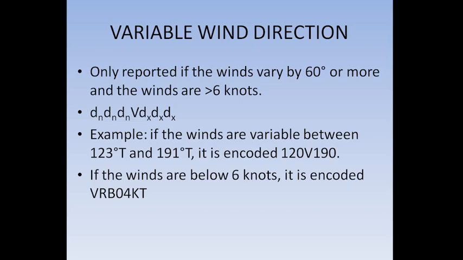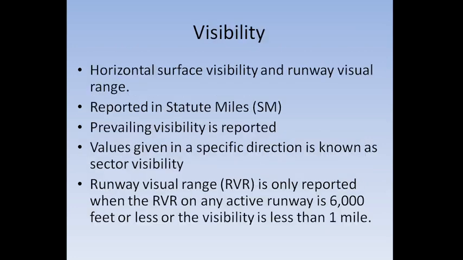The ASOS will shoot one beam straight up and give you a cloud layer, unless it goes through that cloud, hits another one. But if the clouds are too thick, it's only going to show you one layer. So that's why it's important sometimes, at a busy airfield, to have an observer go out and look at the different layers of the sky.